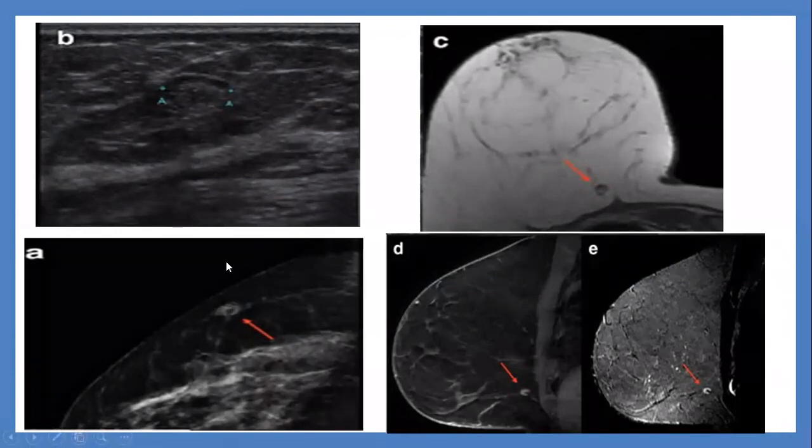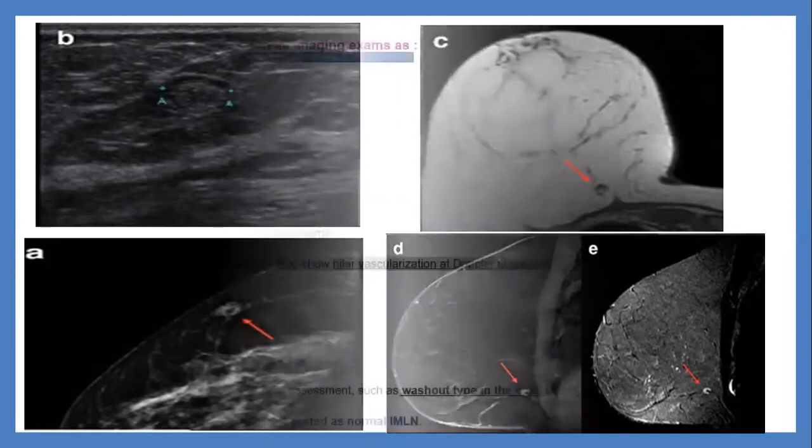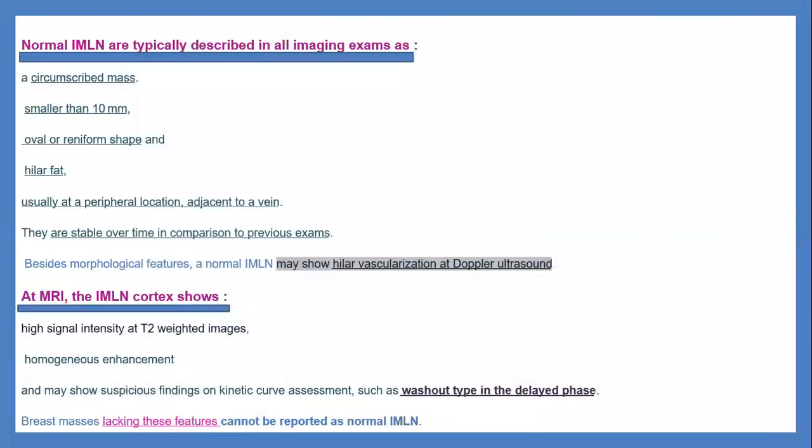This is a lymph node on mammography, on ultrasound, and on the MRI. In all, we could appreciate the same morphological criteria, with the exception that MRI gives more characters due to inherent tissue contrast, characteristic of the MRI.